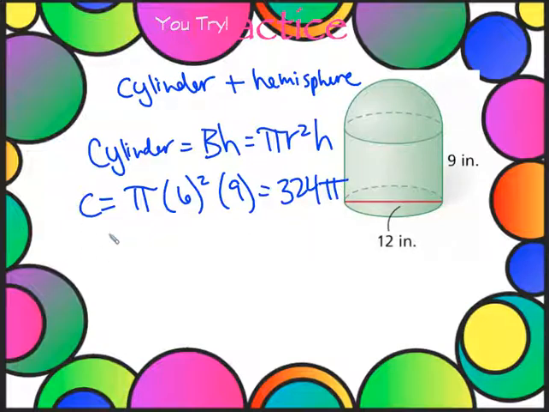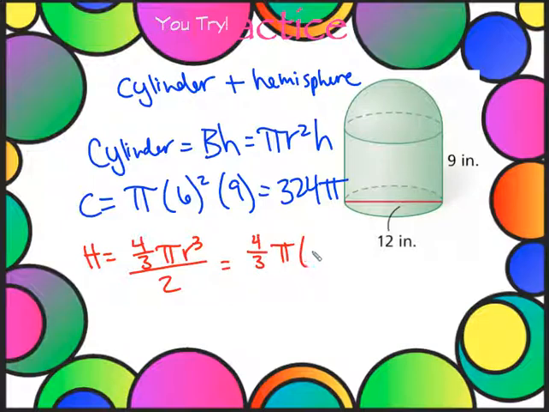Now the hemisphere is going to be 4/3 pi r cubed, and then we'll divide that whole thing by 2 to get half of it. So we do 4/3 pi 6 to the third. Ooh, it's a rough 3. And then all divided by 2.